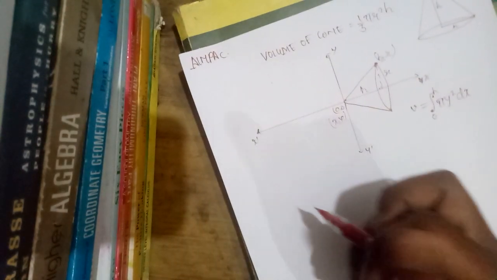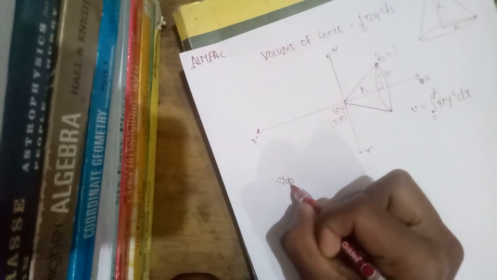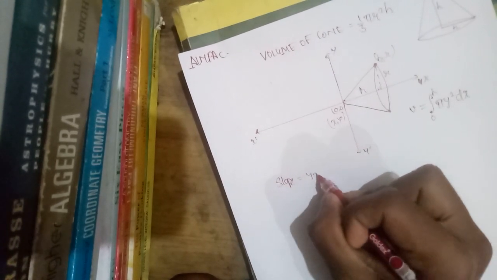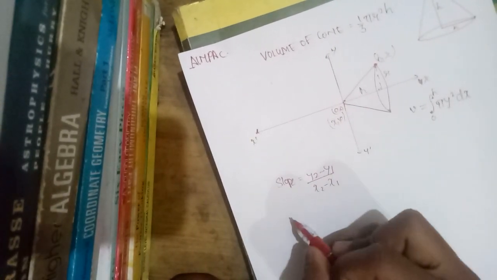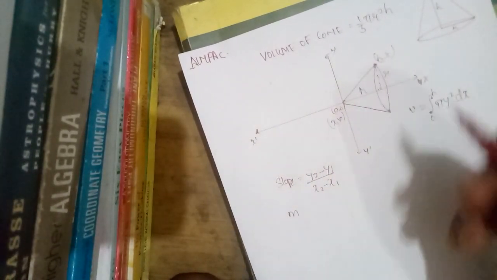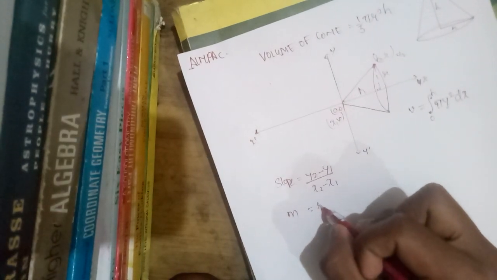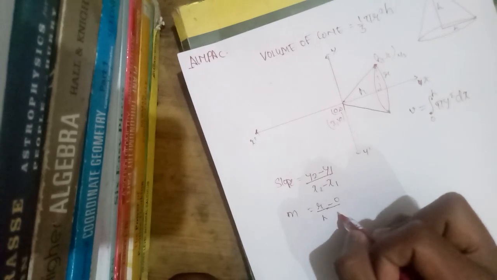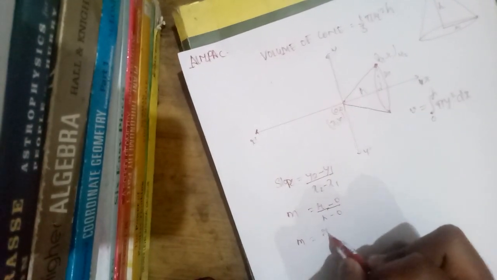As we know, the slope is equal to (y2 minus y1) by (x2 minus x1). Here the value of y2 is r and x2 is h, and y1 and x1 are 0. So from here we get m equals r by h.